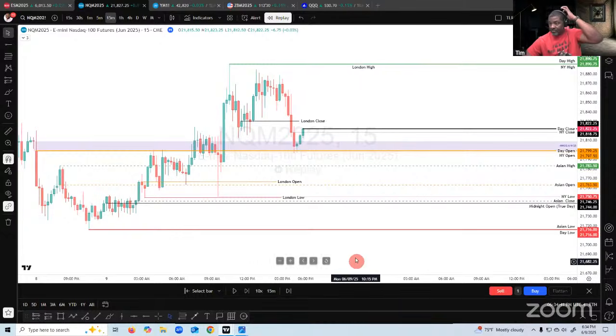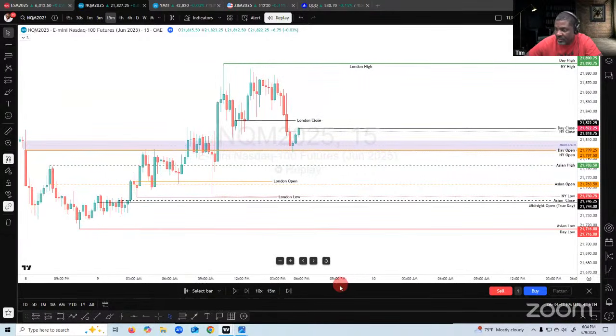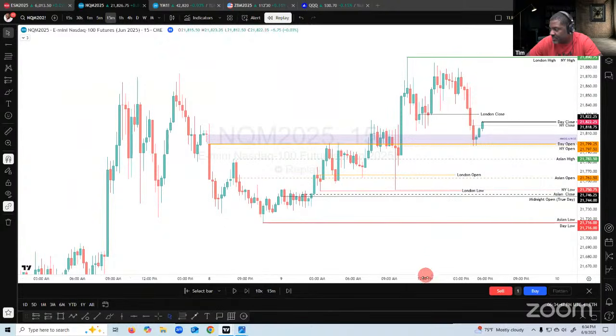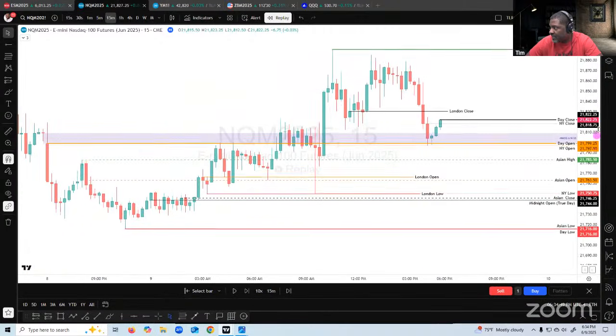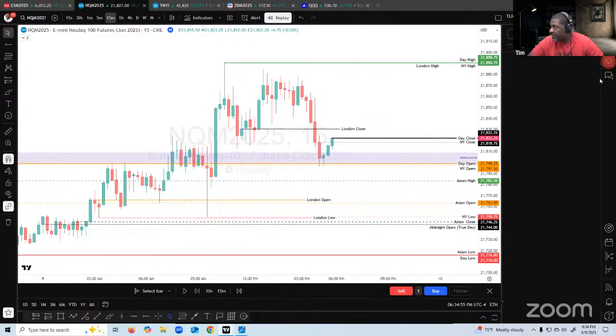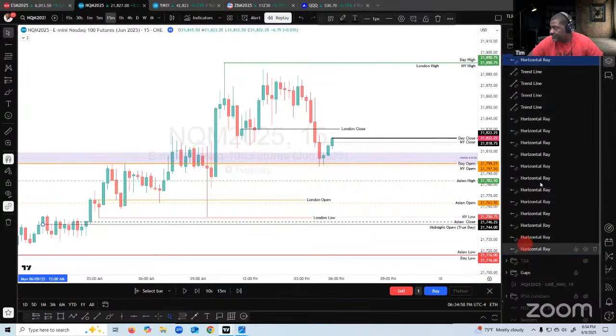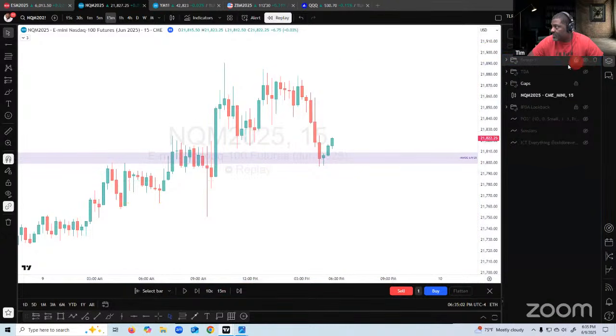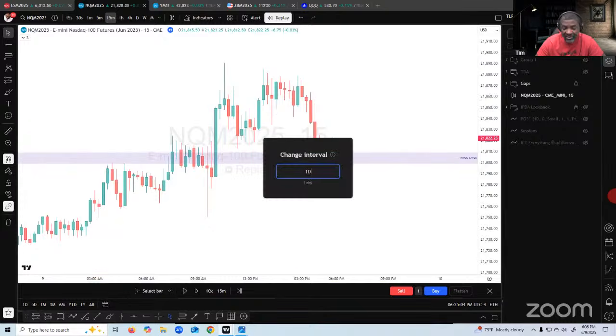All right. So, everything in price has an open, high, low, and a close. When we look at our daily candle, turn this off, then I go to the daily candle.